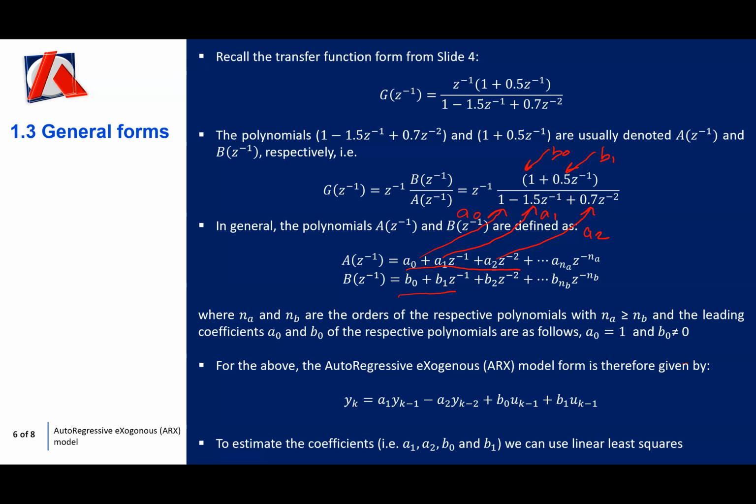To estimate these coefficients, a1, a2, b0, and b1, we use past measured outputs and known inputs within a linear least squares algorithm, as we'll go on to in the next lecture, and we can effectively estimate what these coefficients are.